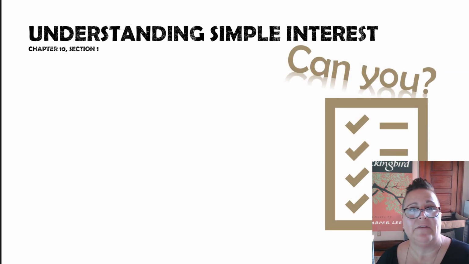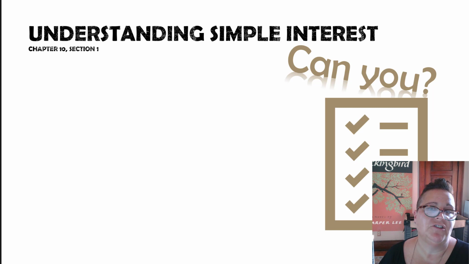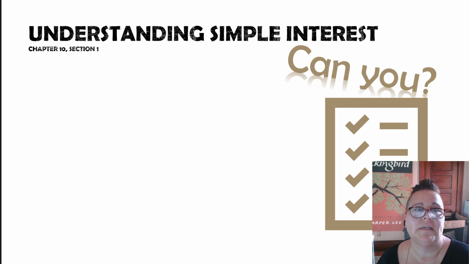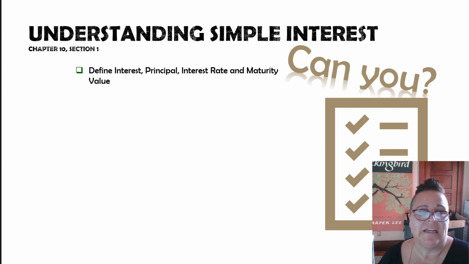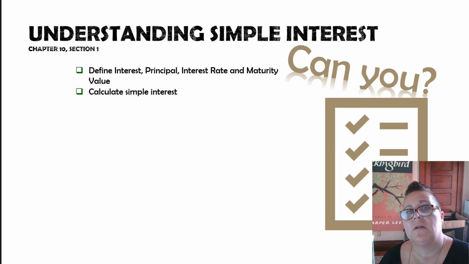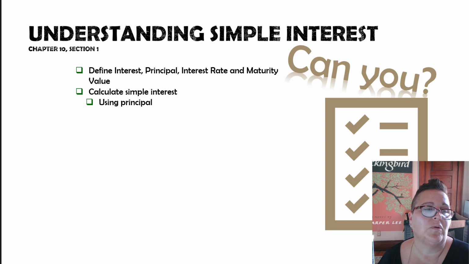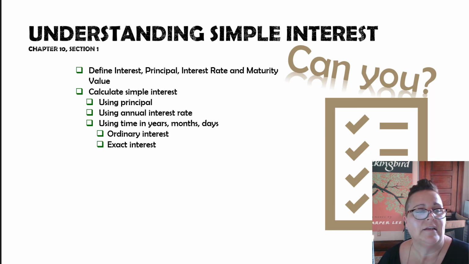That was the last bit for this particular section. So let's just go over the set of goals and make sure that you feel confident doing all of these things. Do you feel like you could define or explain interest, principal, interest rate, and maturity value? Are you comfortable calculating simple interest if given principal, interest rate, and time in any of the formats?